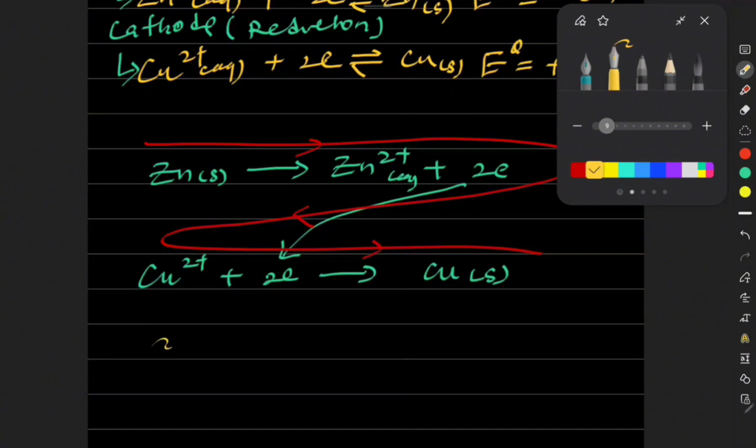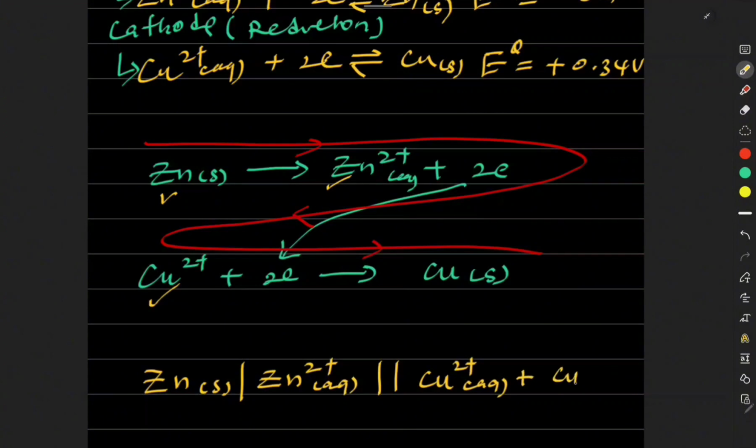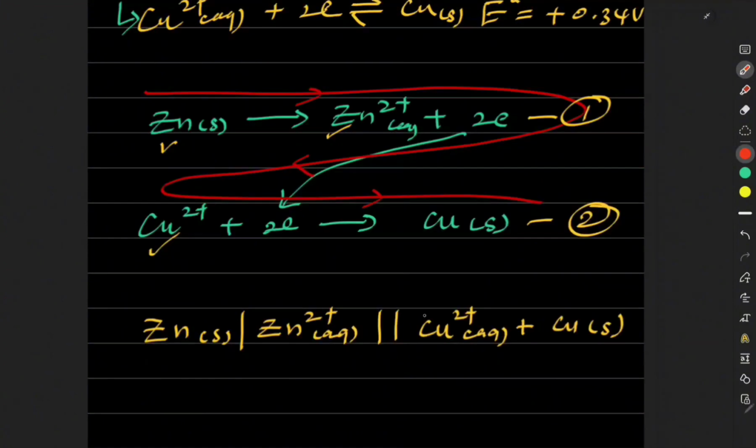We should start from the anode; A is the alphabet, anode A. Zinc solid, there is an interface, then zinc 2 plus aqueous, and there will be a salt bridge, and Cu2 plus aqueous, and the next one is copper solid. This is the cell notation.